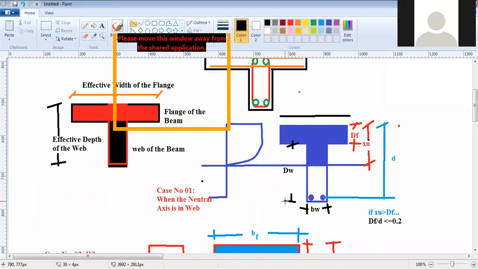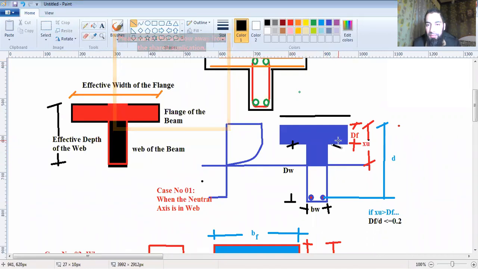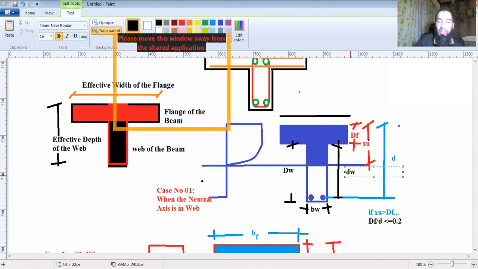From this point up till the bottom of this, it will be Dw. Now if you want to take the effective depth, then it will be from this point up till this point. That will be small dw.